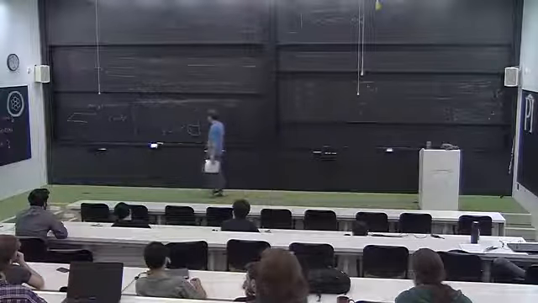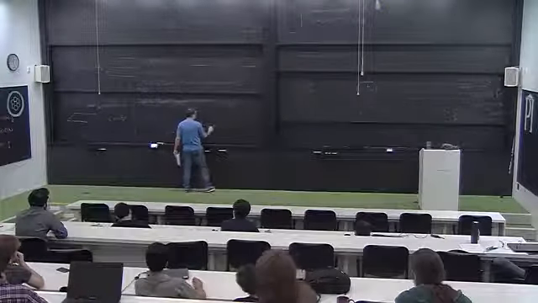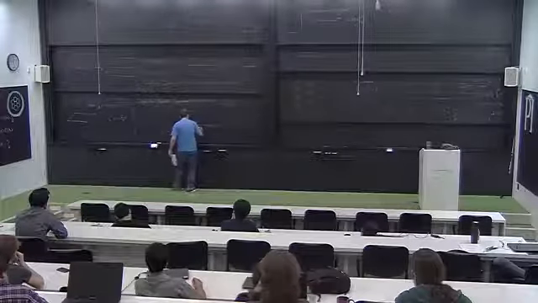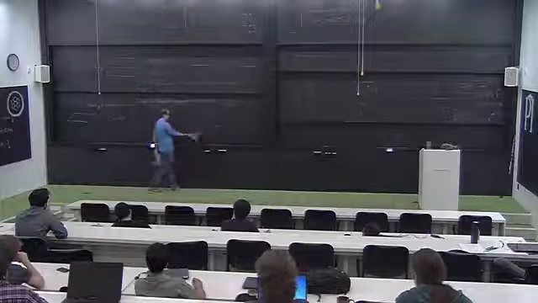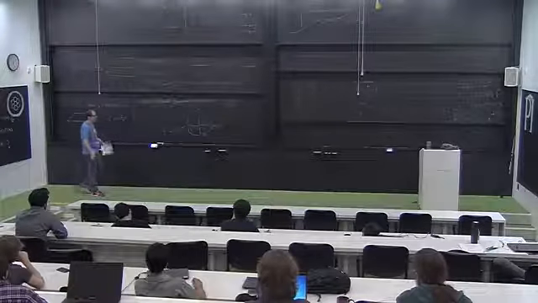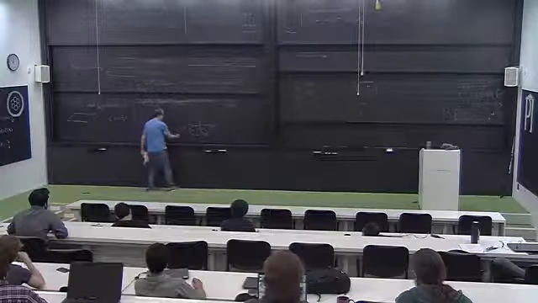So this defines some state here, and this state, then, when I do evolution backwards to the past, I get some state in the past, which corresponds to an operator again at the origin.